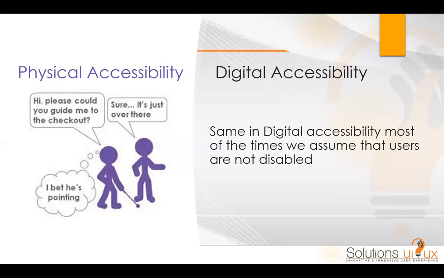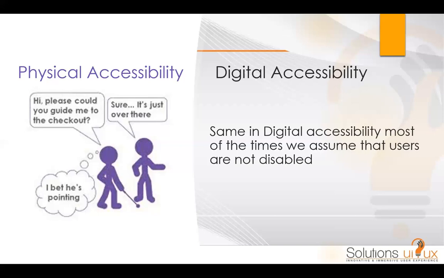So what I say is, this is the challenge with not only physical accessibility, but also with digital accessibility. That means people who have accessibility needs, and the websites that think they are accessible, are not really accessible.